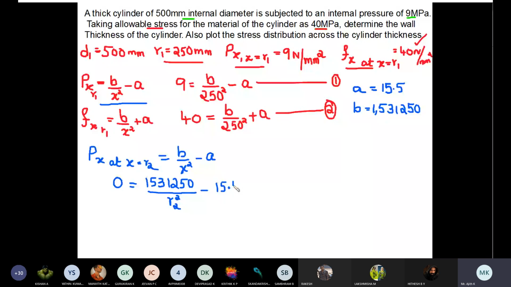Simplify this, and you will get the value of R2 as 314.31 mm. So if you have the values of R1 and R2, then you can calculate the thickness of the cylinder.